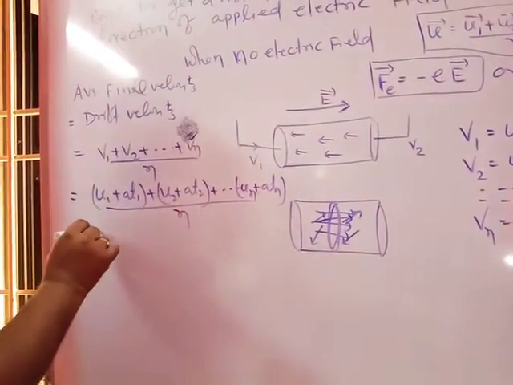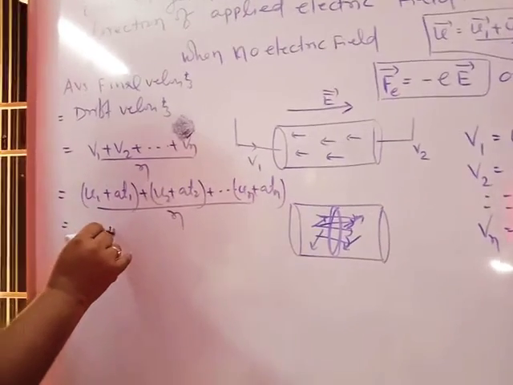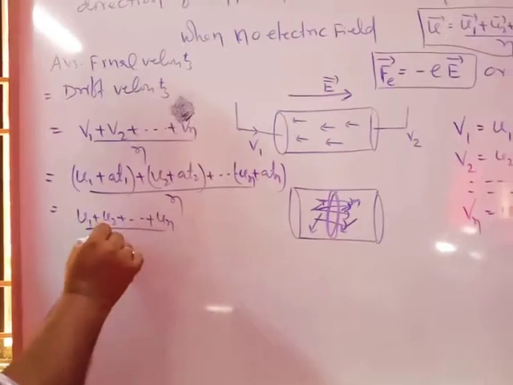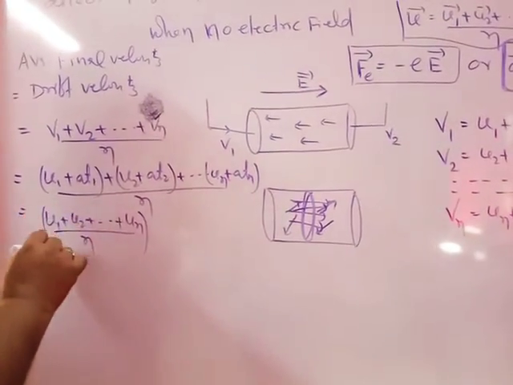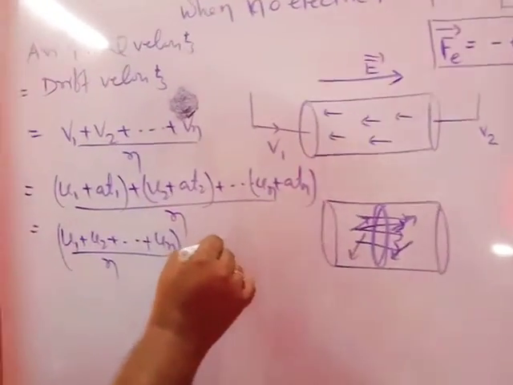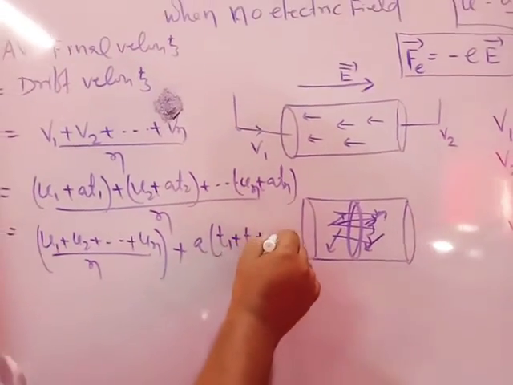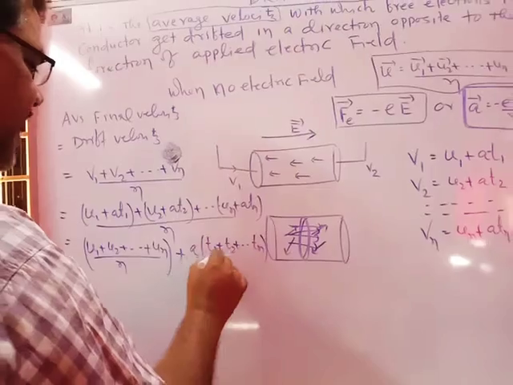If you collect the u's, we get (u1 plus u2 plus up to un) upon n, plus a taken out, remaining (t1 plus t2 plus up to tn) upon n.